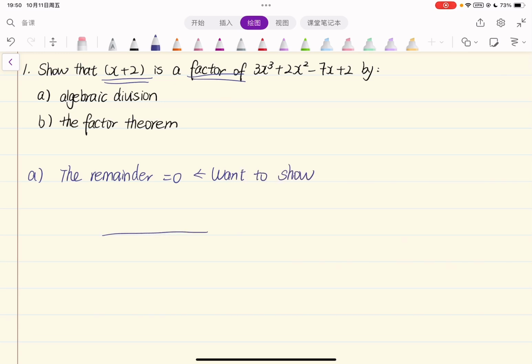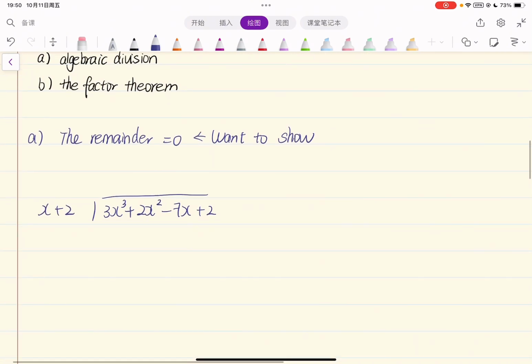Thus, we write down 3x cubed plus 2x squared minus 7x plus 2 divided by x plus 2. We learned how to do this in the previous video about dividing polynomials, so I will quickly write it down.